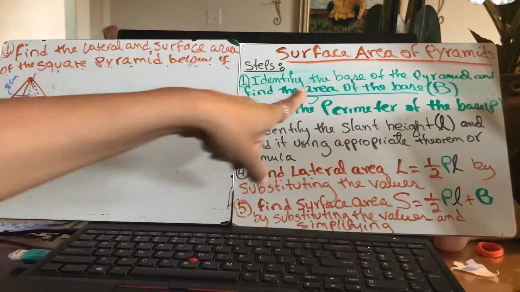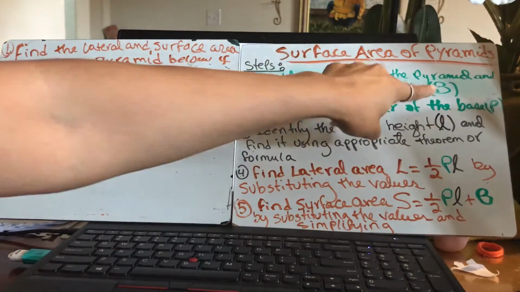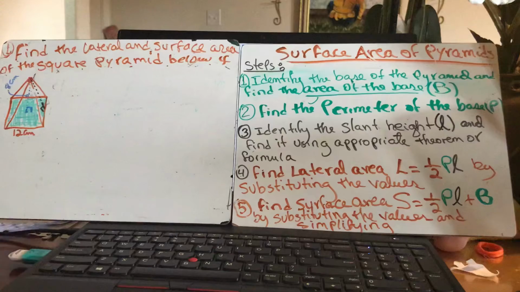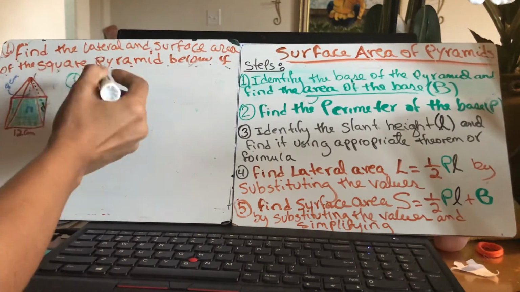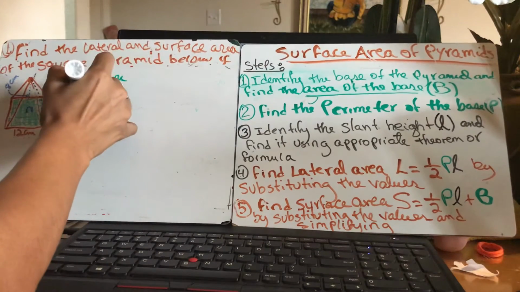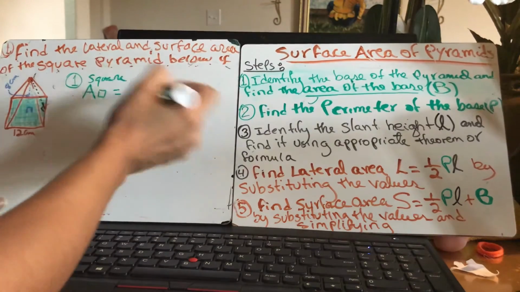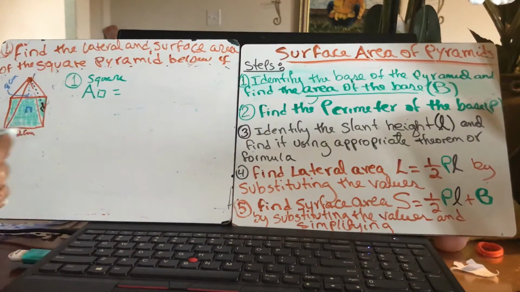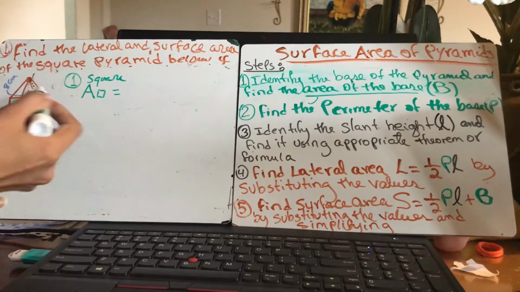And then you're gonna find the area of that base. And we label the area of the base with a capital B. So I'm gonna do the first step. Identify what the base is: a square. And then I'm going to find the area of the square, which is also the base. Because they're giving us a 12 here, and every side on a square is congruent, this one is also a 12, this one is a 12, the one on the back is a 12.